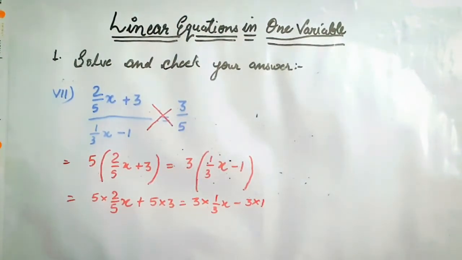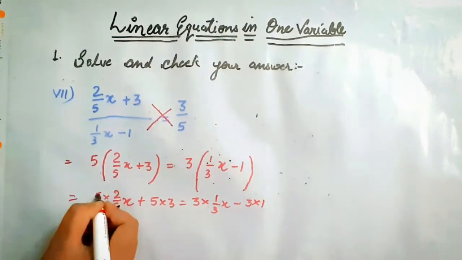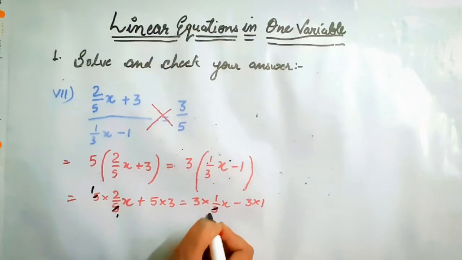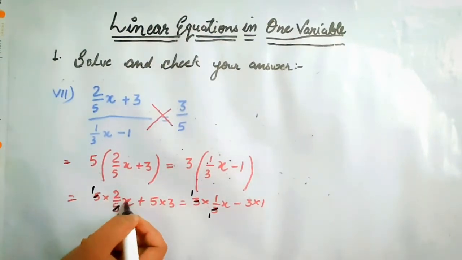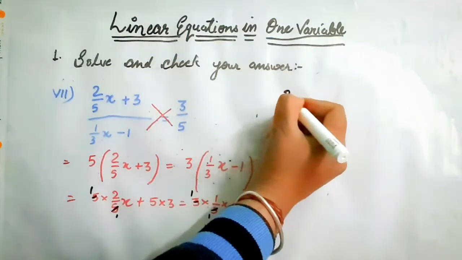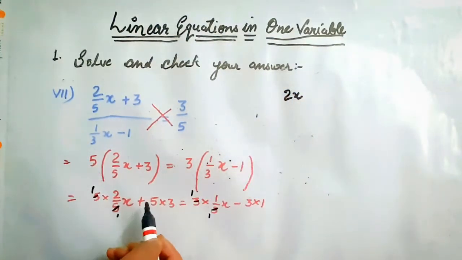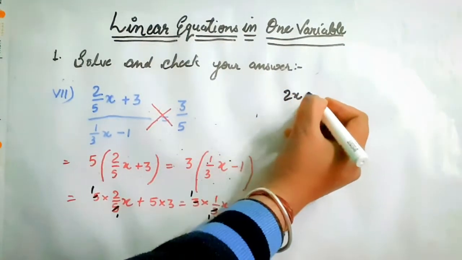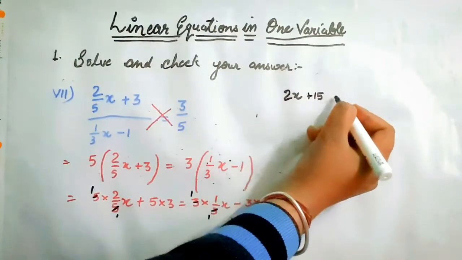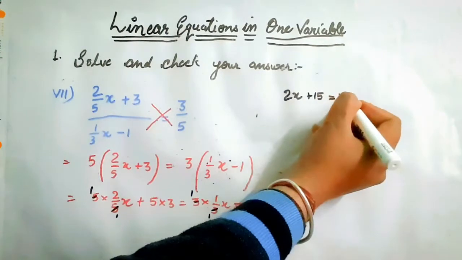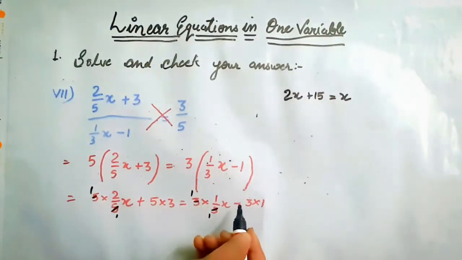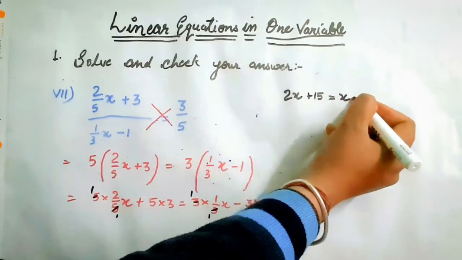What will happen now? 5 ones are 5 will be cancelled, 3 ones are 3 will be cancelled. So here we have 2 into x, that is 2x, then plus 5 3s are 15, equals 1 into x, x, then minus 3 ones are 3.